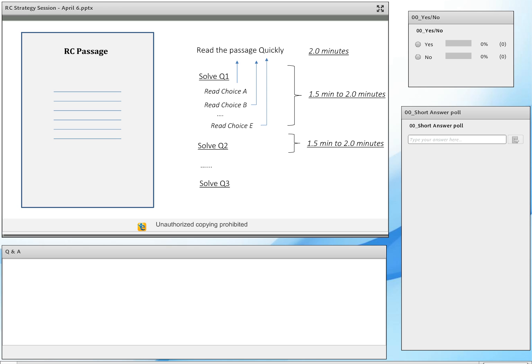How many of you go through this overwhelming experience when you go through an RC passage? Okay, almost all of you, more than 75% of the class. All of this can be avoided by spending more time peacefully on the passage.